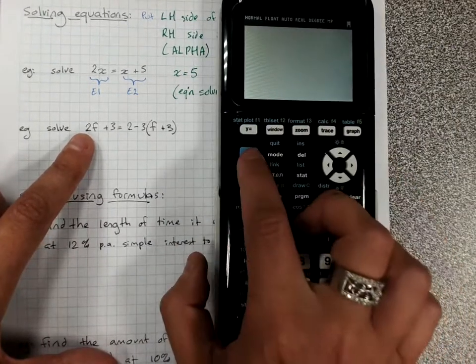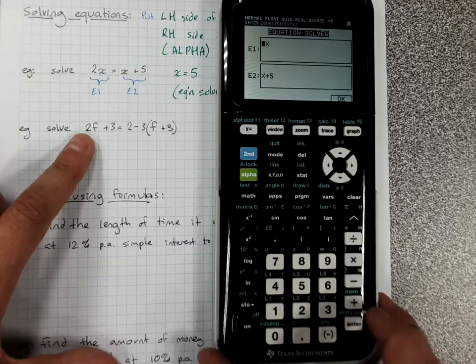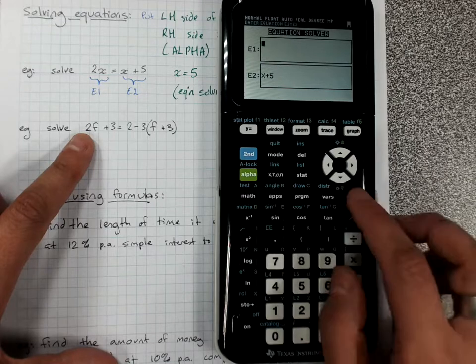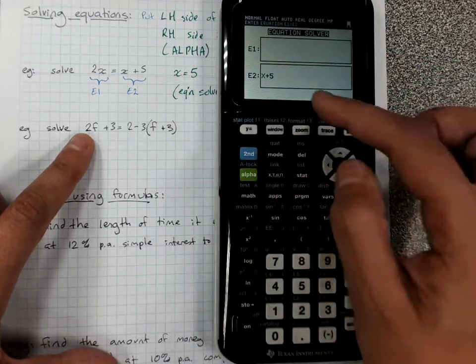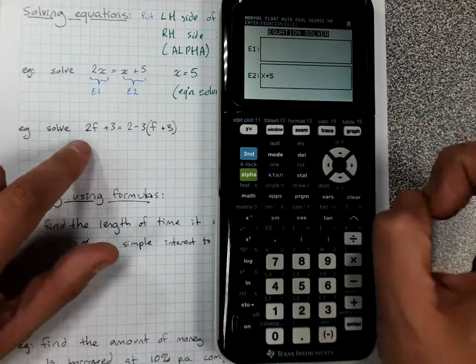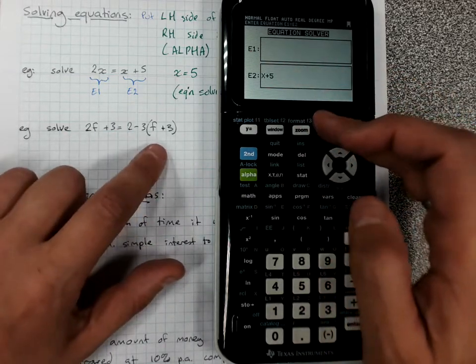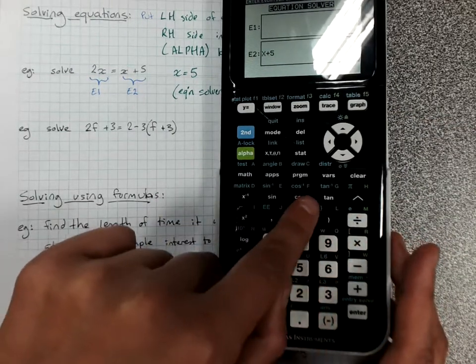So, Math, equation solver, or numeric solver, Clear. Sometimes you can't move down to the other one while there's nothing here, so clear the first one. 2f plus 3. Now you can always just use the x instead of the f. Or we can use the absolute correct one, and f is hanging out over here.